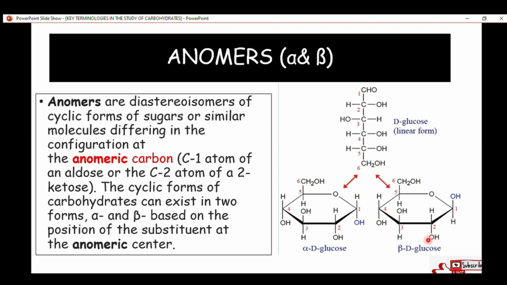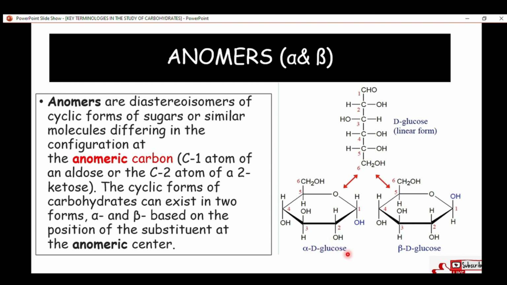When we have the hydroxy group in the same direction as the carbon 6 over here, then they are in the same direction, and therefore we have a beta glucose. So that's the anomers for you, and the representation of a sugar in cyclic form.